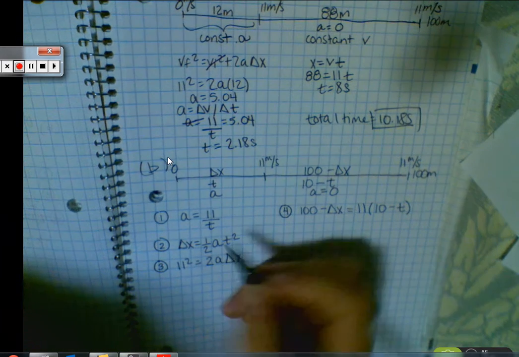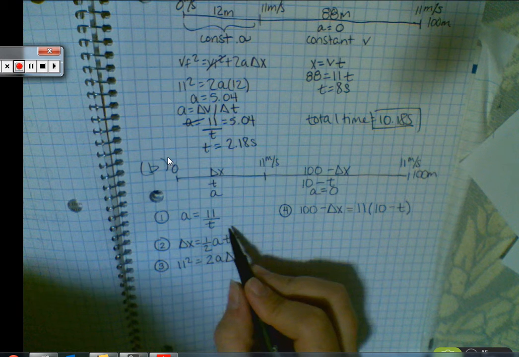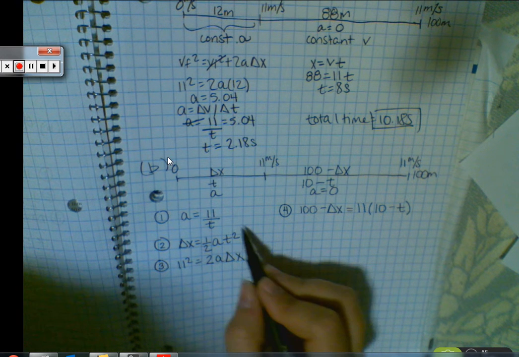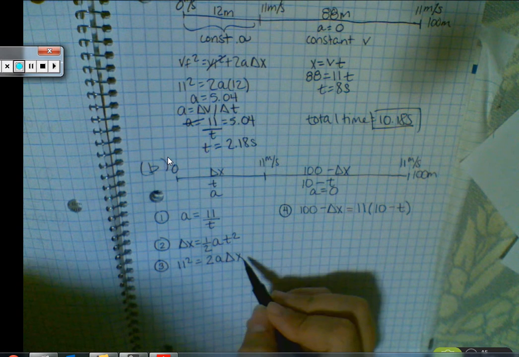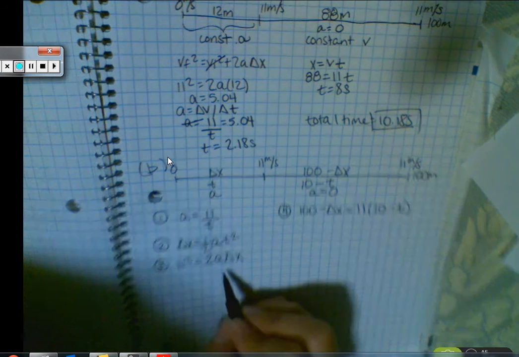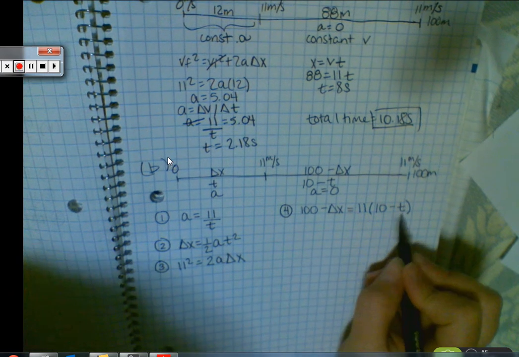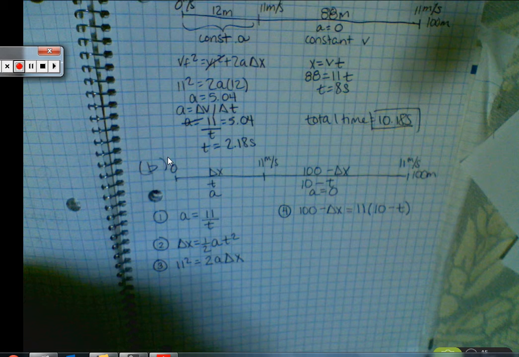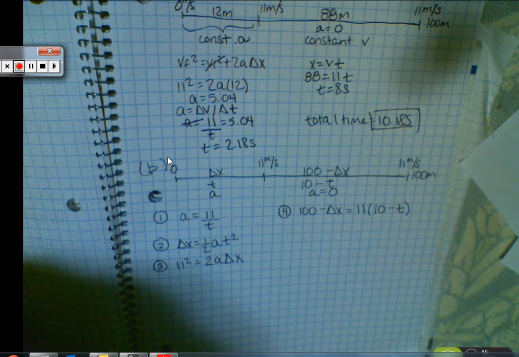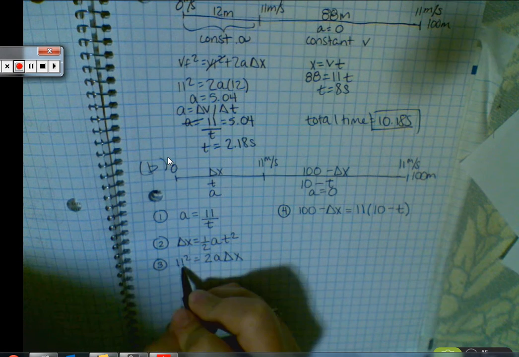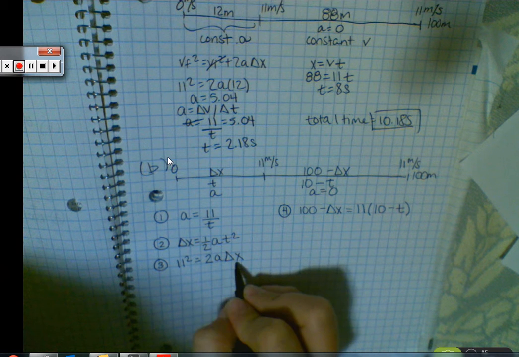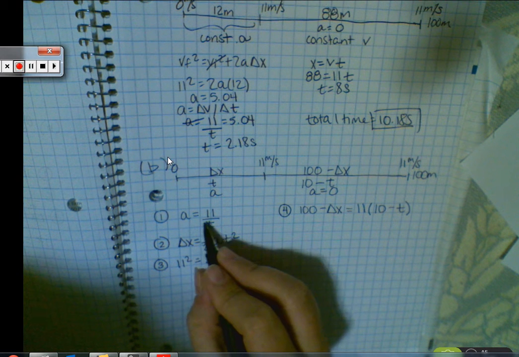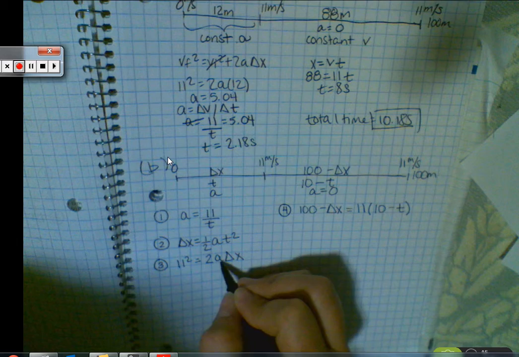So what I'm going to do is use these equations to solve for t, so I can get rid of it in this one and solve for delta x. This is pretty easy. If I do 11 squared equals 2a delta x, then I can plug in 11 over t for a and solve for t.